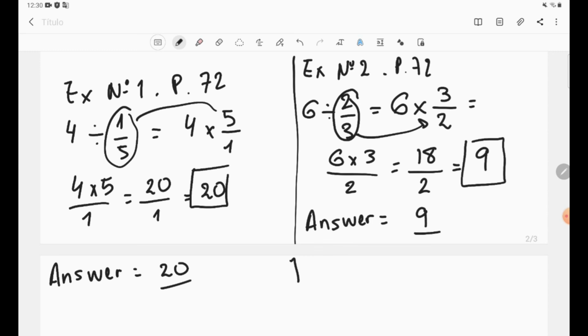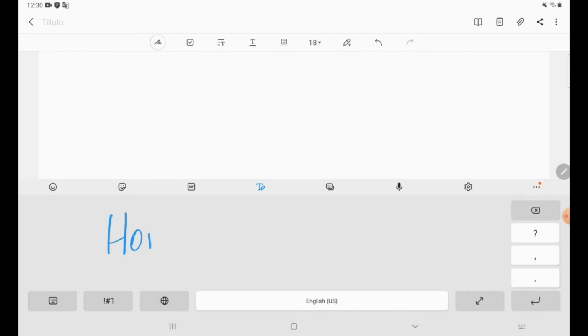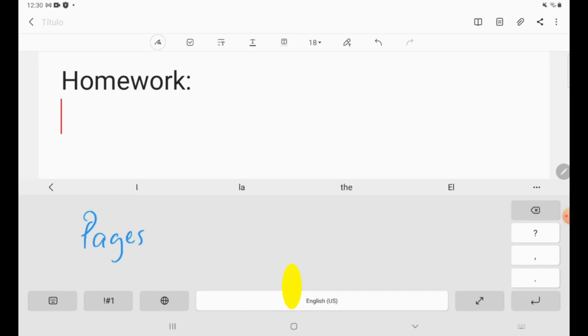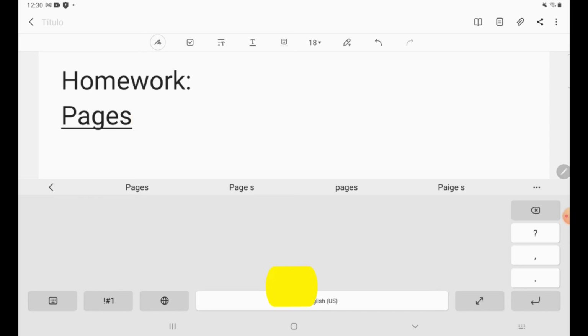I think you could understand already how to do it. Now let me give you some homework. About reciprocal, you will do page number 70.